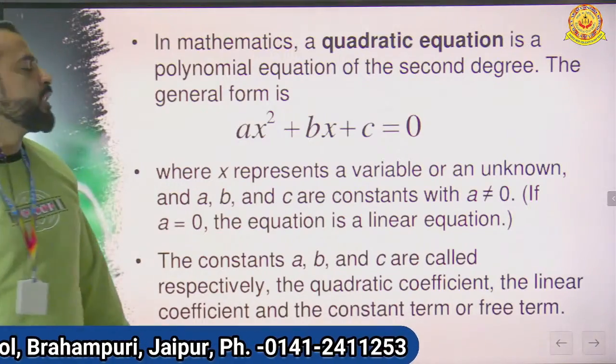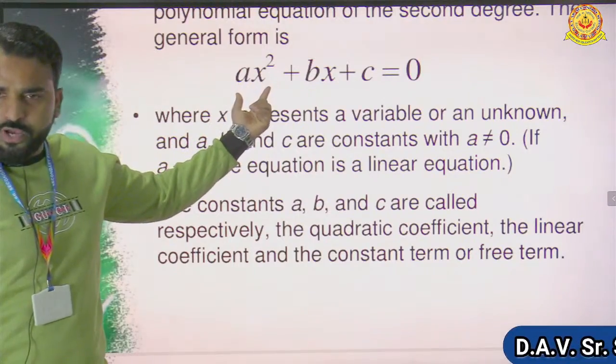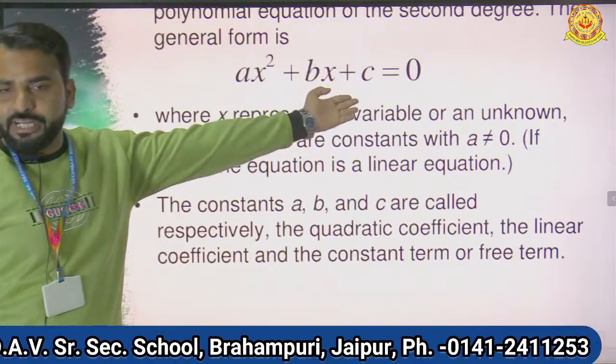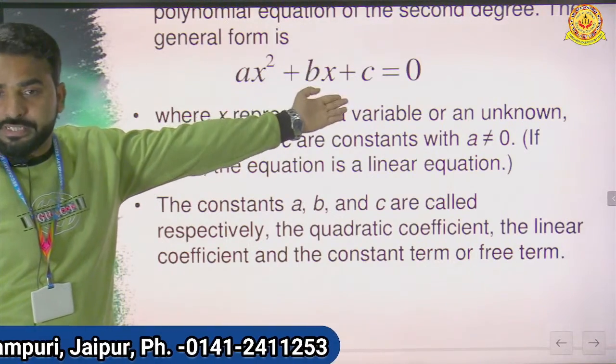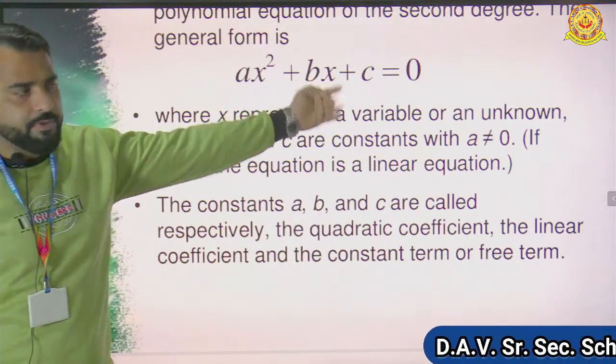Is it clear? Okay, now we can say that a is the coefficient of x², b is the coefficient of x, and c is a constant term, or we can say a non-variable term because it has no variable.